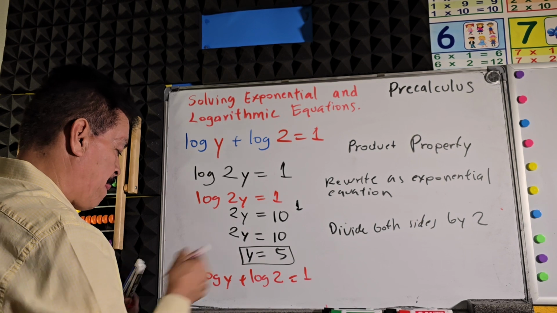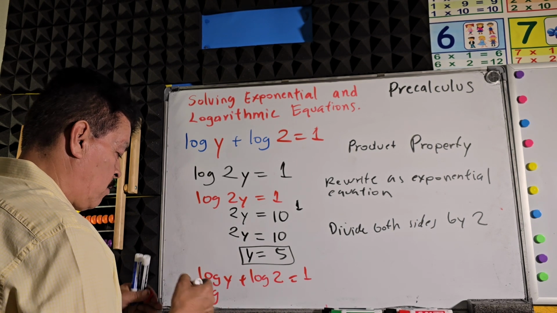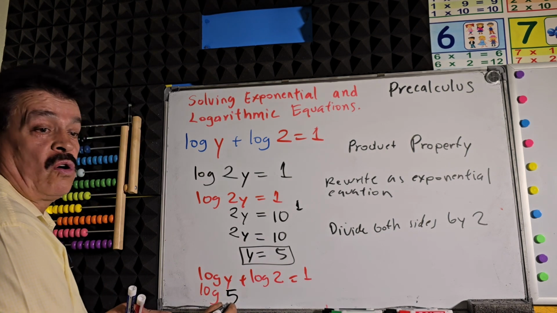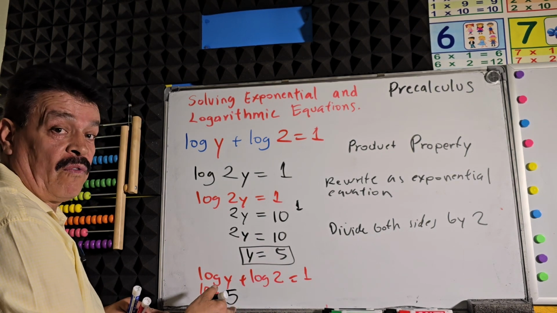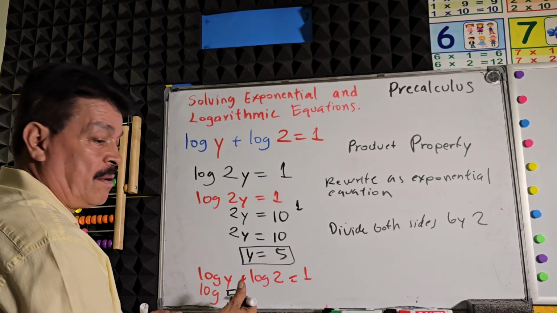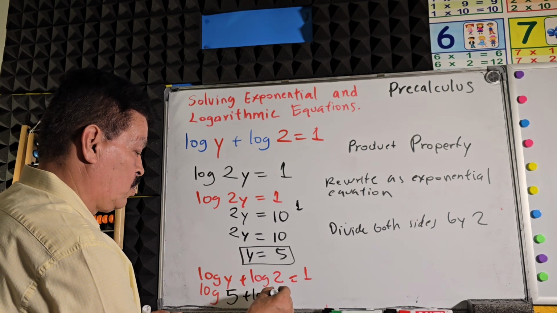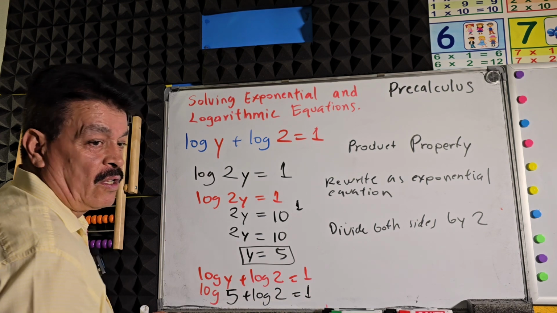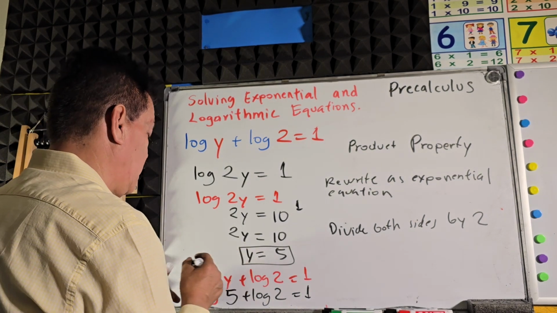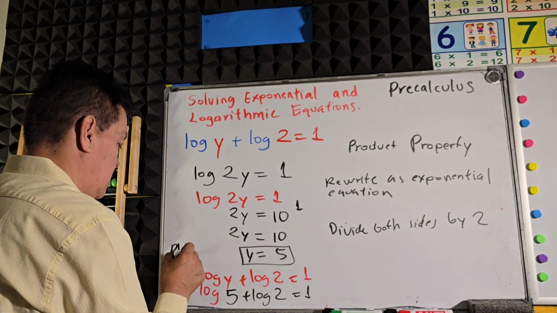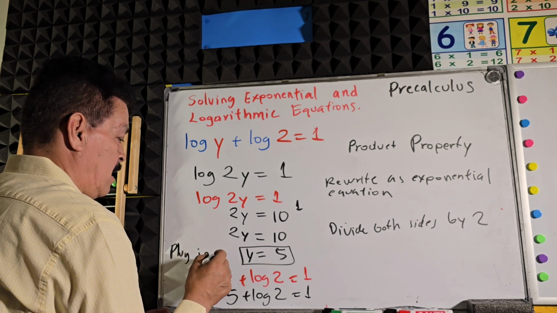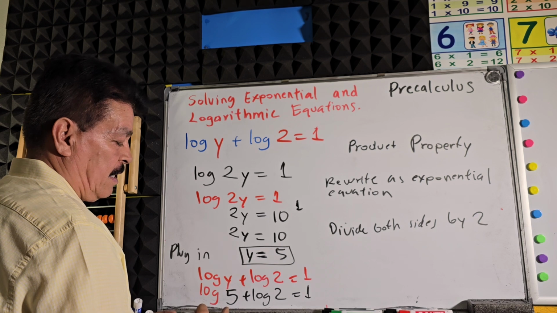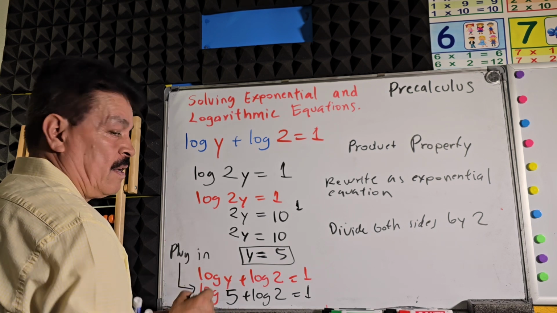So log 5 plus log 2 equals 1. Just plug in y equals 5 in this step.